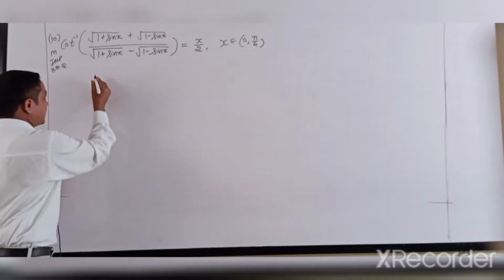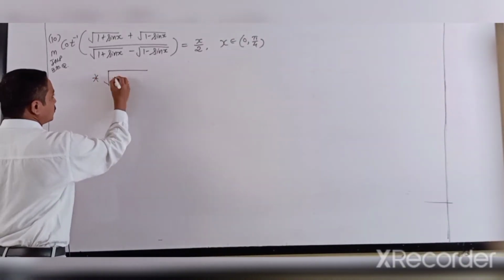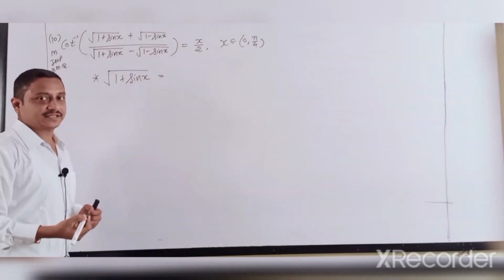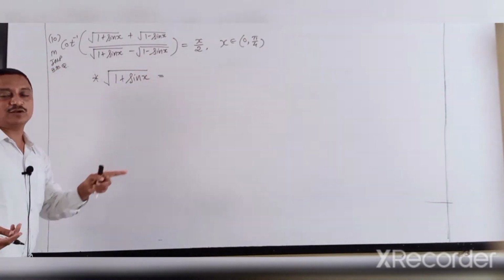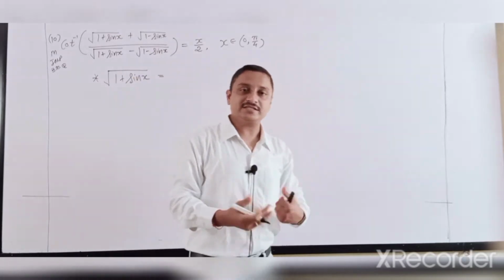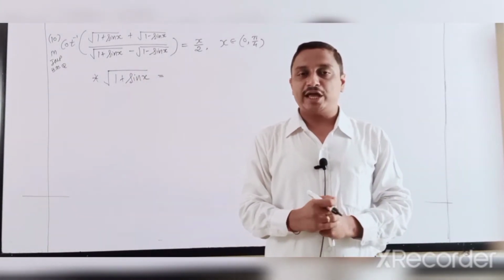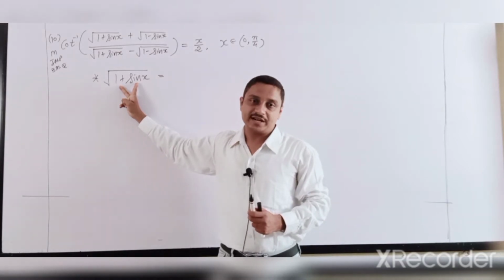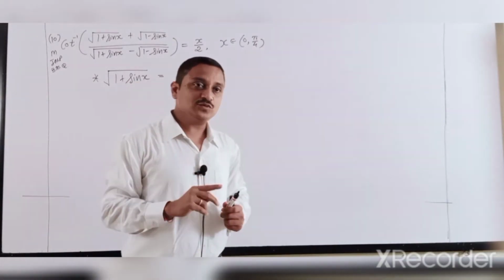First of all, students, I will explain only the first term, under root 1 plus sin x. Then after that I explain under root 1 minus sin x. Anyhow, you create inside a perfect square, then the root is removed.